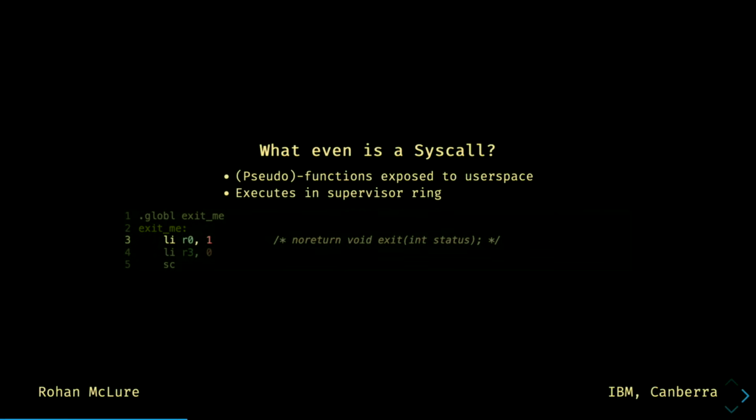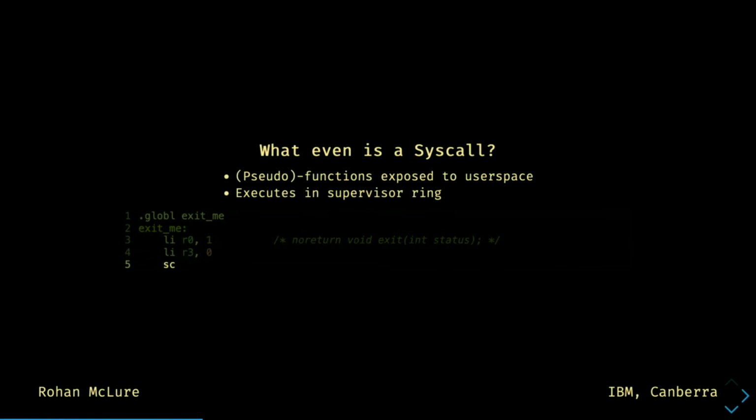As per the calling convention, we're going to specify in R0 what sort of syscall we want to do. Clearly, we want to do an exit. First parameter is 0, exit with status 0, syscall. We have 2 syscall instructions on Power. Your libc will choose the most recent one. In short, this syscall instruction is a way for unprivileged code to cause the kernel to facilitate some sort of critical function call.